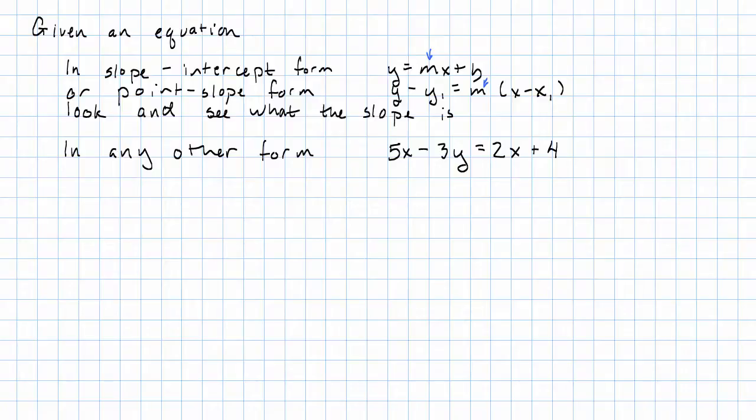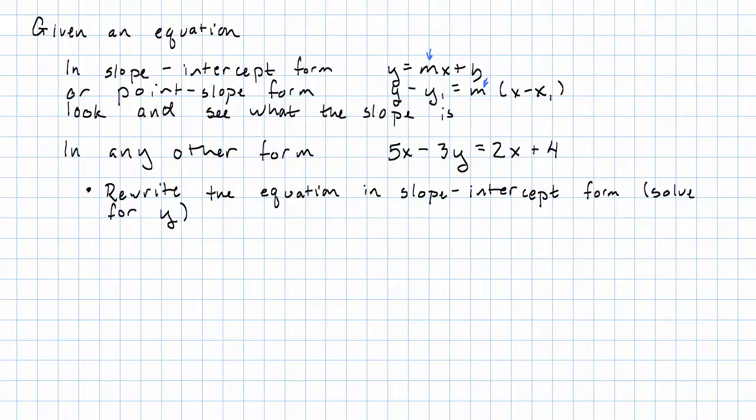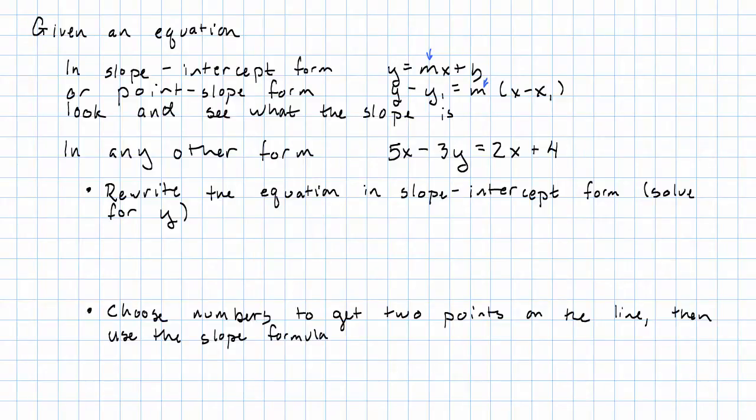In order to find out the slope, we have 2 choices. We can rewrite the equation in slope-intercept form by solving for y, or we could choose numbers to plug in to get 2 points on the line, and then use the slope formula.